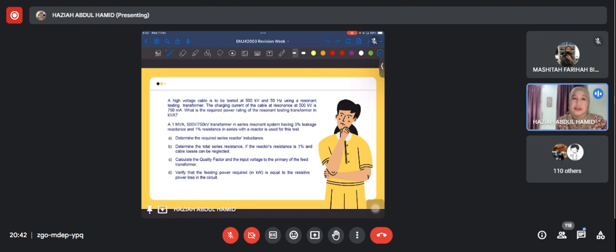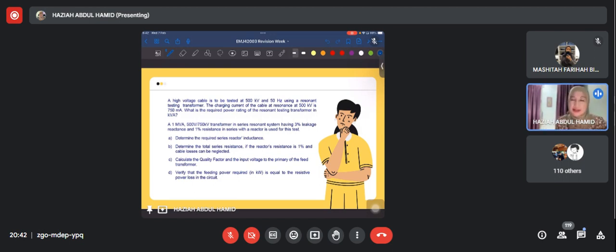But what I want to emphasize tonight is using testing transformer feeding resonance circuit. So basically it's resonance circuit, it's just that the supply for the resonance circuit comes from testing transformer. So that way saya boleh combine testing dengan resonant. Tapi the generation of AC tu basically uses the principle of series resonance circuit.